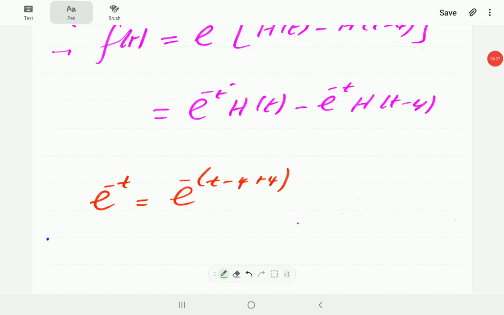Yes, so what we're going to do here is treat these as two terms. We keep that one as one term. So this becomes e to the minus t minus 4 times, if you remember your properties of exponents, e to the minus 4. But this is just a constant, so that is not a problem.